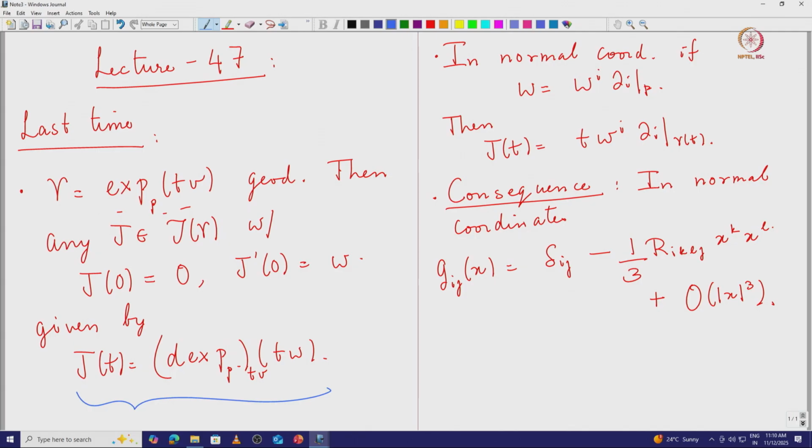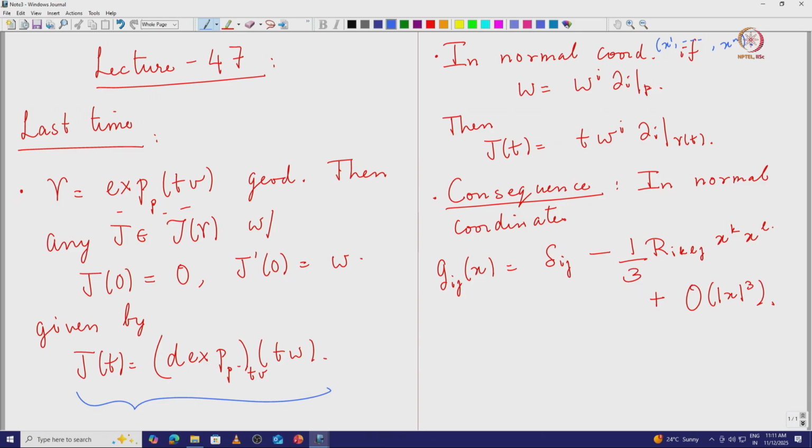As a consequence of this, if you are using normal coordinates, let us say x1 up to xn, and suppose w is given by wi del i at p, then the Jacobi field is given precisely by just scaling the components wi, right. A very nice consequence of this formula for the Jacobi field in normal coordinates was that we have a Taylor expansion for the metric components in normal coordinates.